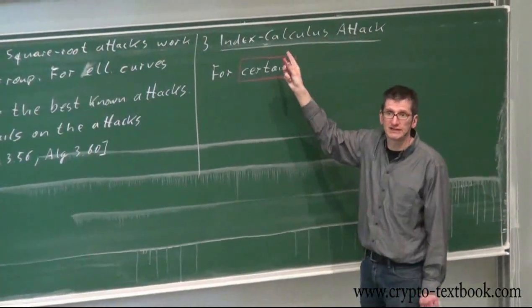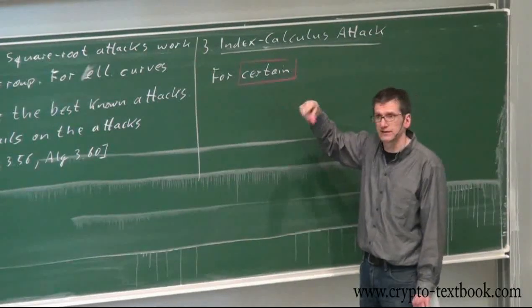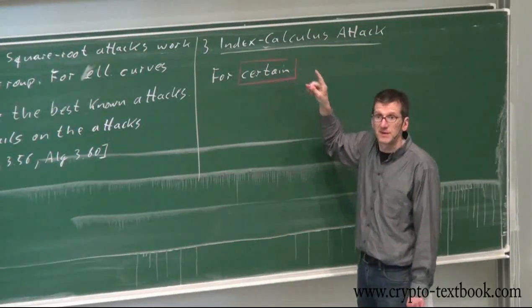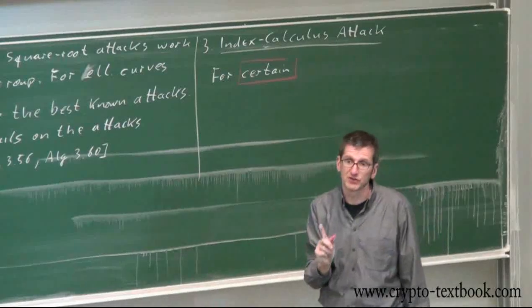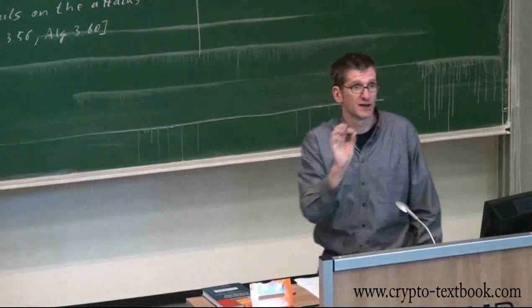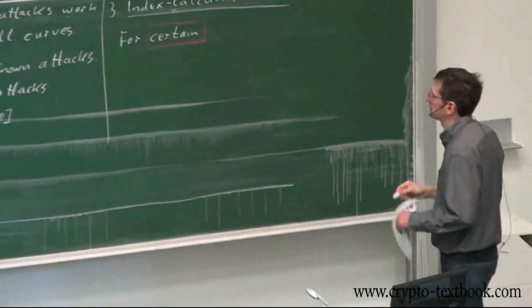Here, there are super powerful attacks out there, which are called index calculus. It's a whole family of attacks. But they only work against certain types of discrete logarithm problems. So they're not general attacks. They're only specific to this crypto system.